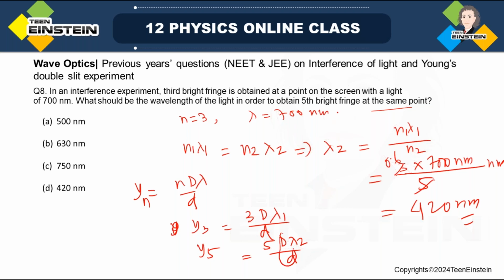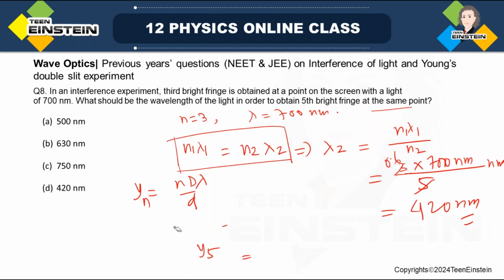So these factors are actually the same. You can just take the ratio, then you get the same thing. So it is better to remember this. When some order is matching with some other order with a different wavelength, then you can write n1 lambda 1 is equal to n2 lambda 2. Okay, so the option is this, correct.